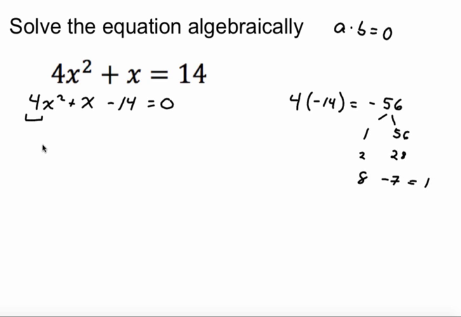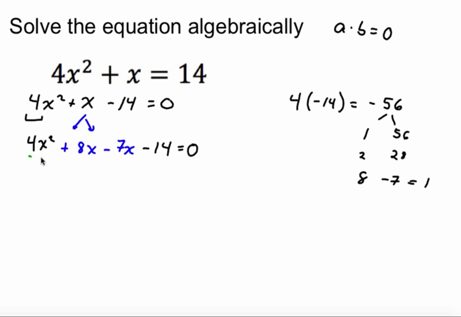So those must be my two factors. So I'm going to take my 4x squared, copy it down and leave it alone, but I'm going to split my b into two parts. I'm going to turn it into a positive 8x and a minus 7x, and then subtract 14 equals 0.